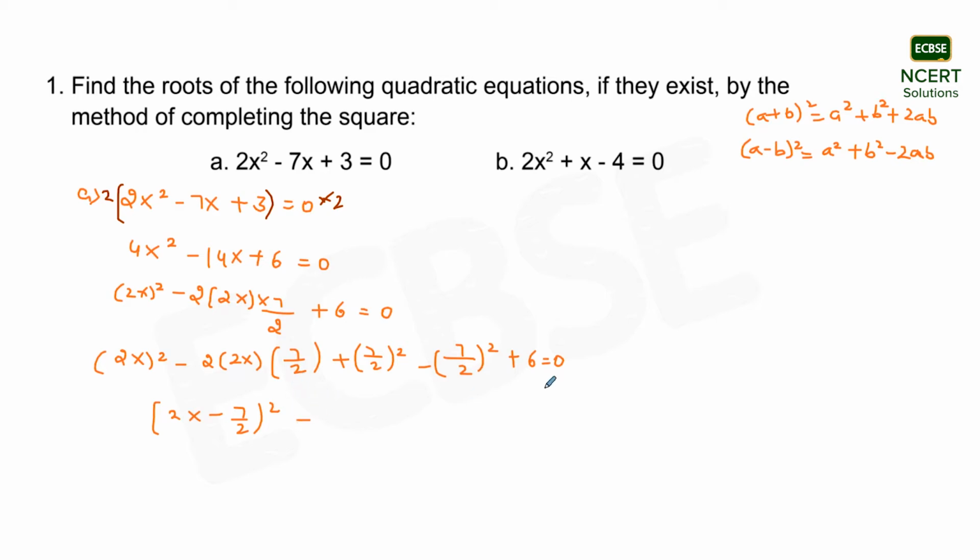And on solving the terms (7 by 2) whole square and plus 6, I get plus 24 minus 49 by 4 is equal to 0, which can also be written as (2x minus 7 by 2) whole square is equal to 25 by 4, which is (5 by 2) whole square.